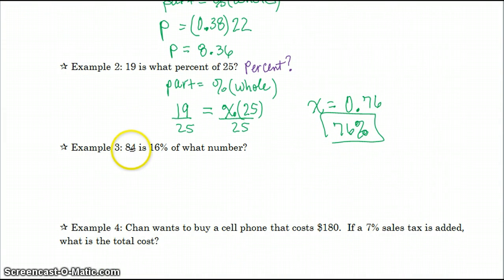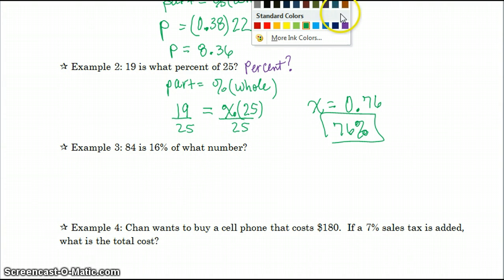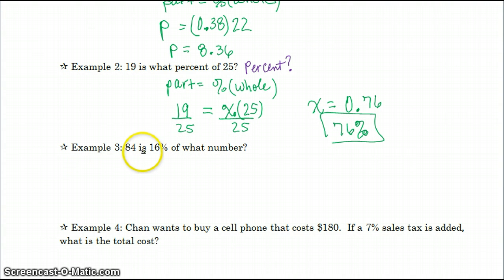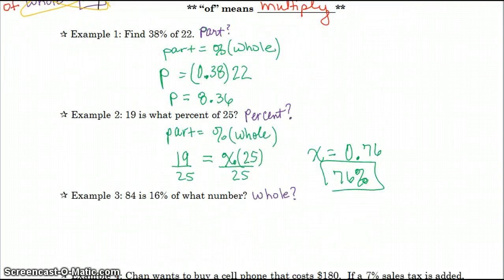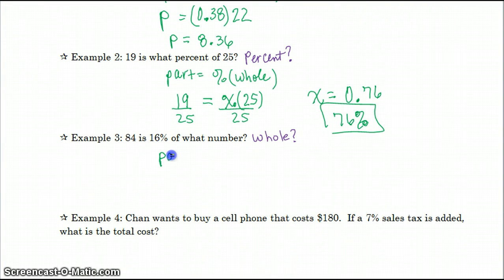Number 3, 84 is 16% of what number? Here we're looking for the whole. Part equals percent times whole.